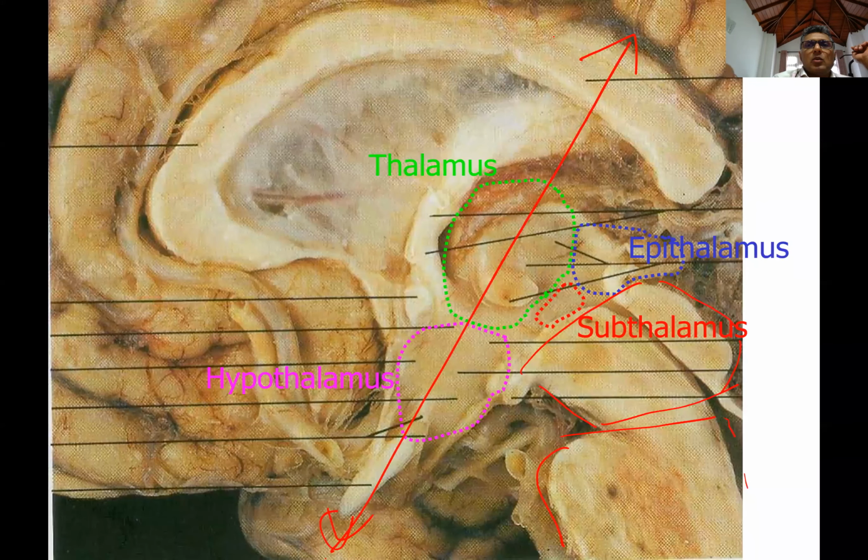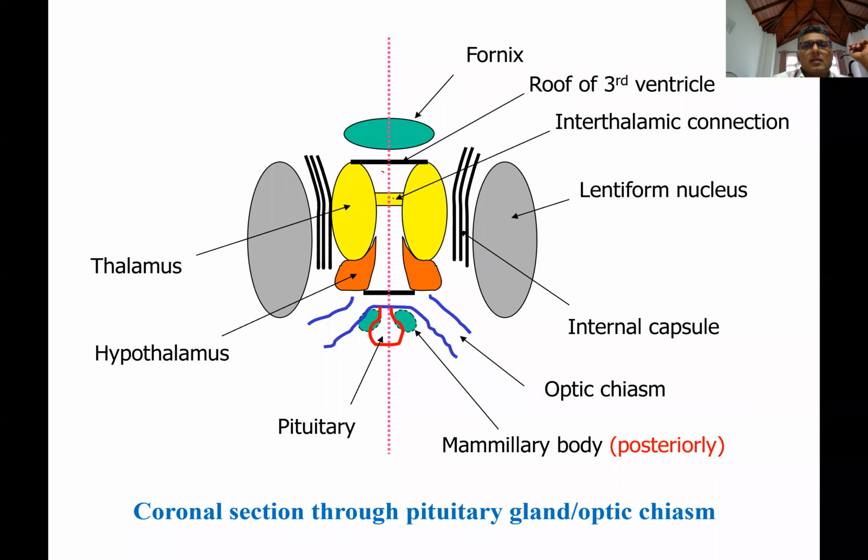Superiorly, you will cut through the corpus callosum here, and the roof of your third ventricle is here. You cut through the third ventricle in the middle. This is the third ventricle between the two thalami. Now concentrate on the thalami and the connection between the left and right halves of the thalamus, the interthalamic connection, and you get the hypothalamus below that.